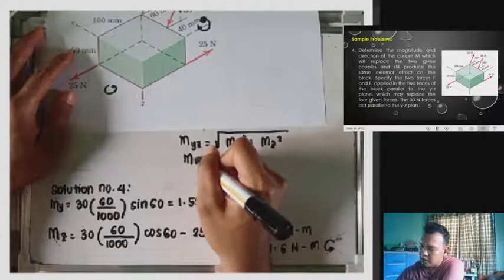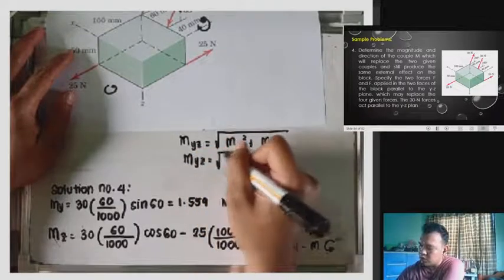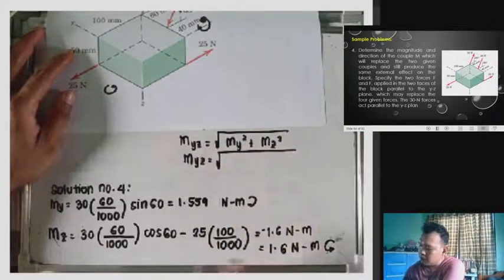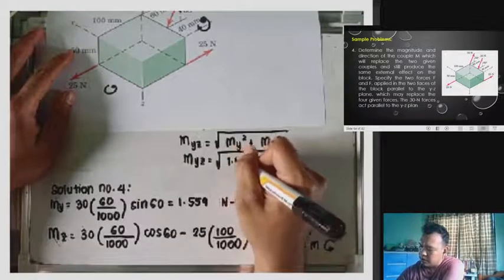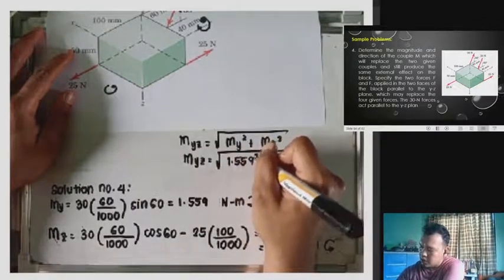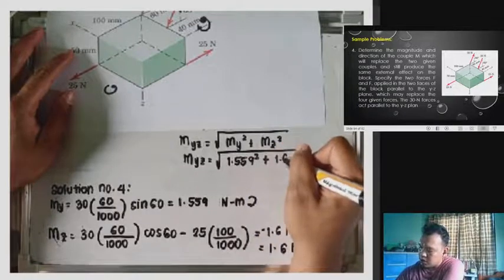Therefore, moment yz is equivalent kay square root ni my natin is equivalent kay 1.559 squared plus 1.6 squared.